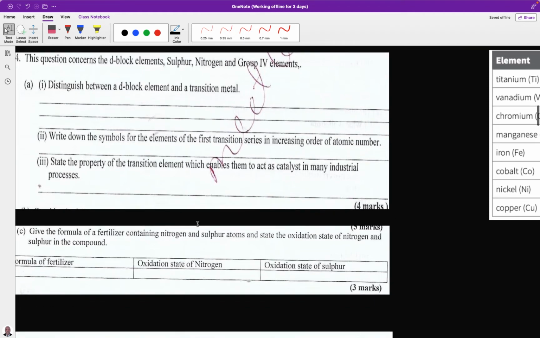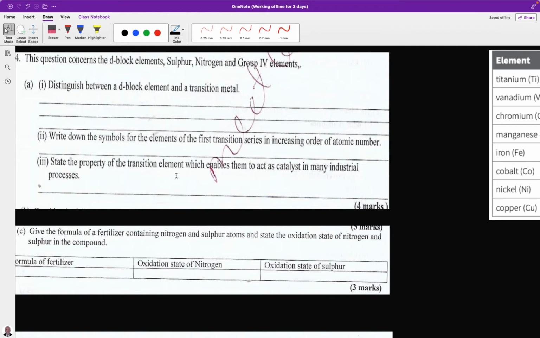Okay, state the property of transition elements which enables them to act as catalysts.